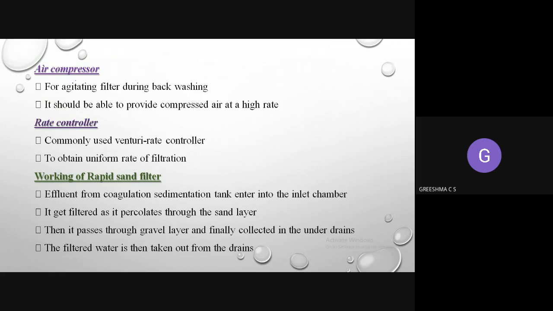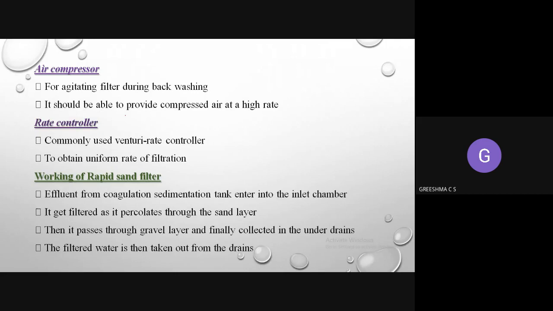The effluent from the coagulation sedimentation tank will be entering the inlet chamber. Before, for slow sand filters, it was mentioned that you can only take water from the plain sedimentation tank, but in rapid sand filters we can take the water from the coagulation sedimentation tank.